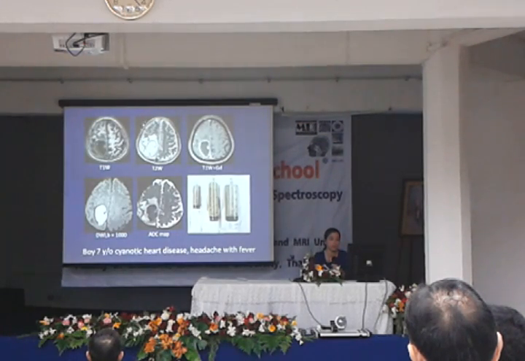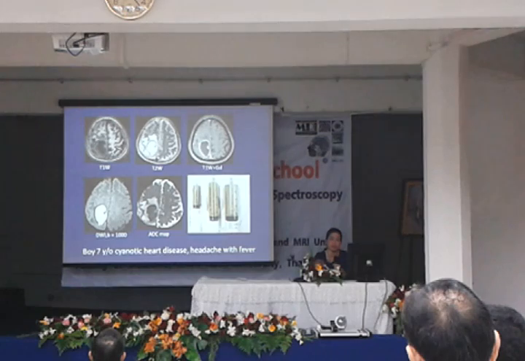Another thing diffusion is very useful for is distinguishing between abscess and tumor. This case is a 7-year-old boy with underlying heart disease. He had a connection between the left and right sides of the heart, and had headache and high fever.